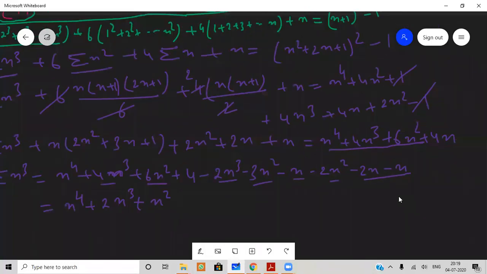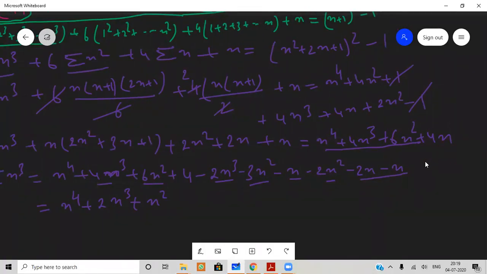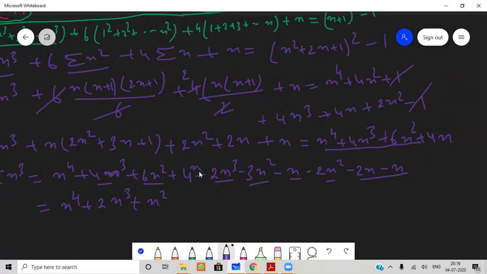So this 4n, that 4n, minus 4n plus 4n should be crossed out. So this 4n and these 3 crossed out. I get this.